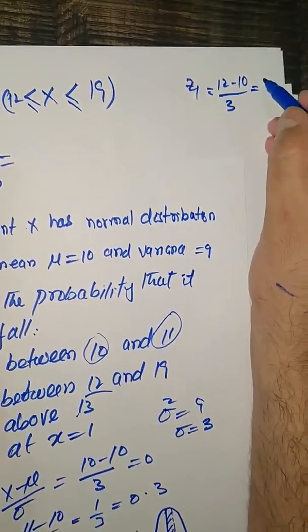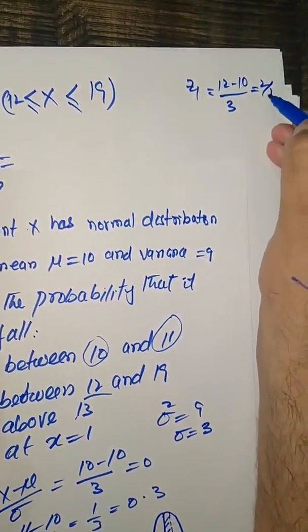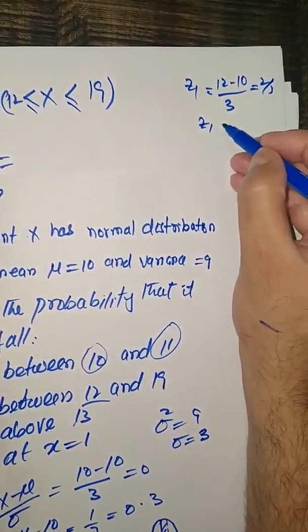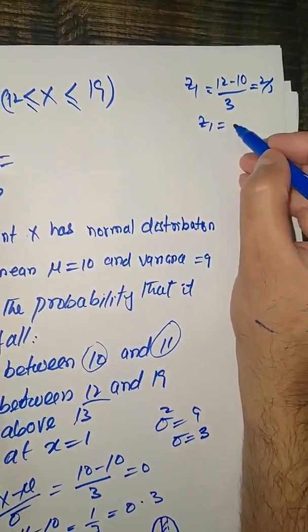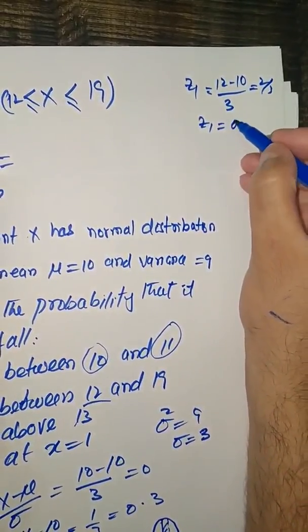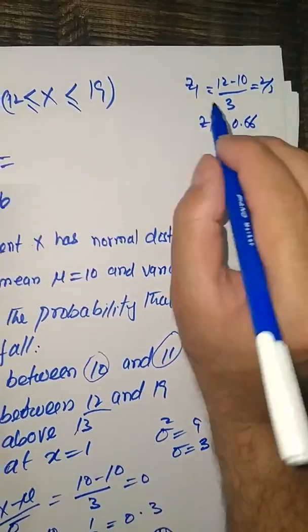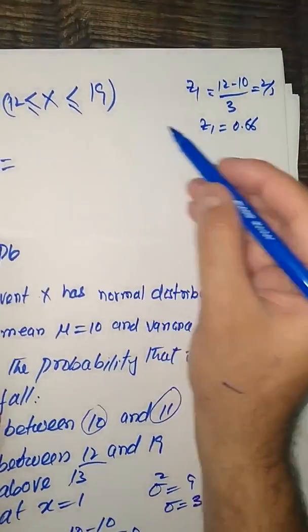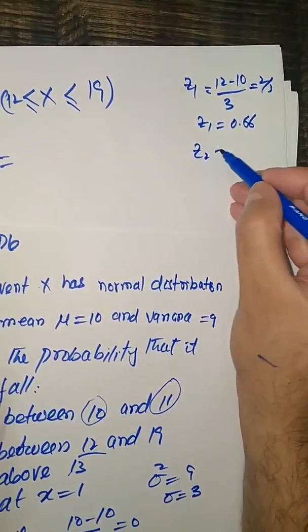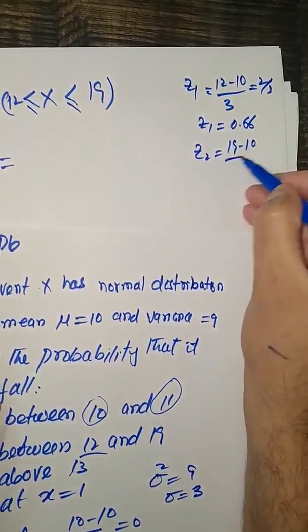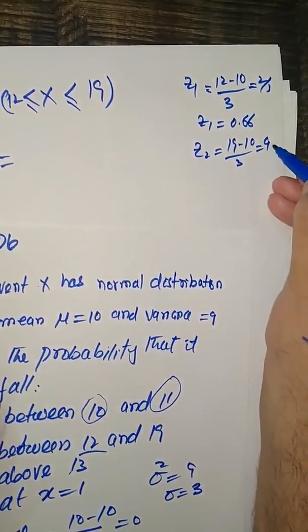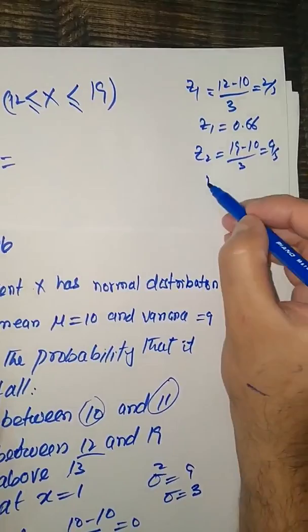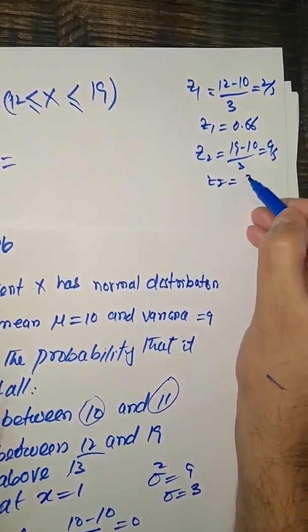This would be equal to 2 by 3, which is 0.66. Then z2 would be equal to 19 minus 10 divided by 3, 9 by 3. z2 would be equal to 3.